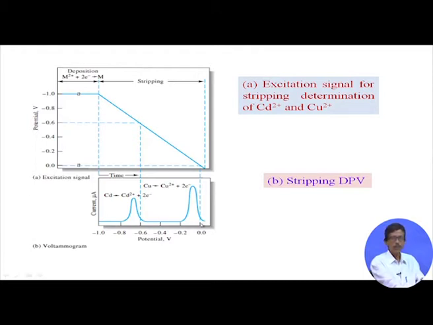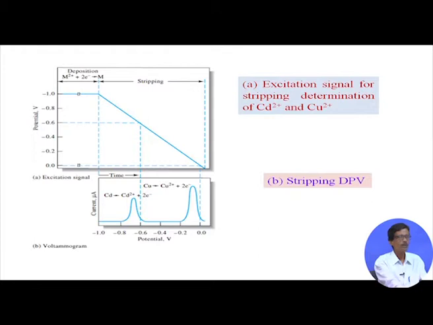So, if you have a certain amount of impurity in the solution, this is also a very good technique, because you do not bother about the impurities. Only the bivalent copper and bivalent cadmium ions will be selectively deposited on the electrode surface.